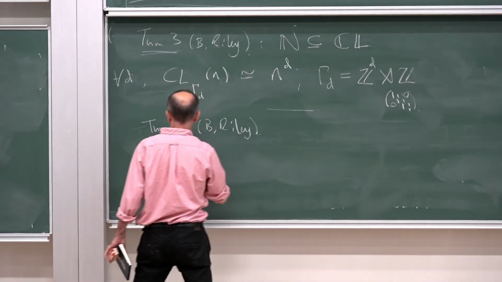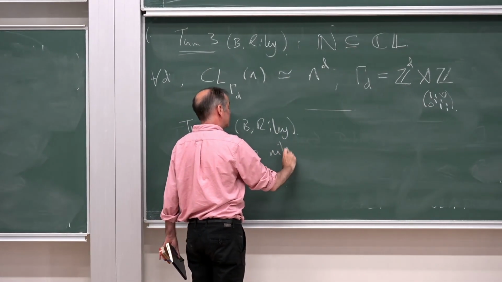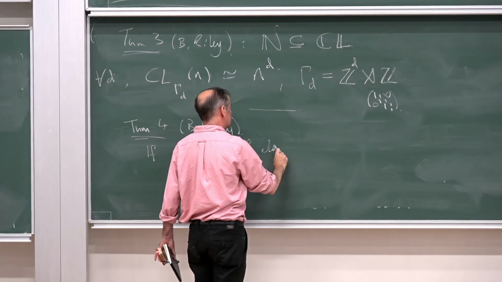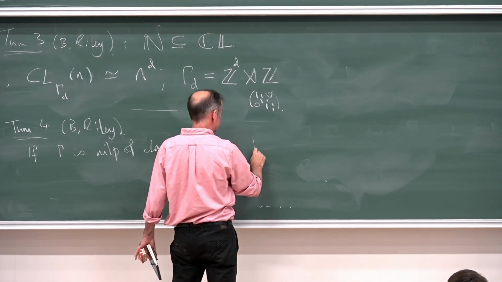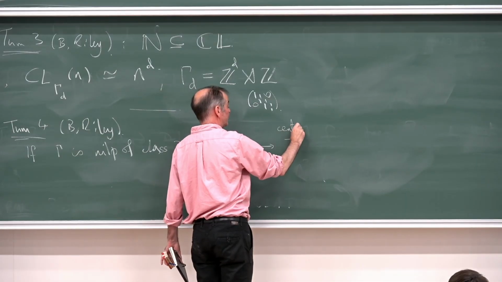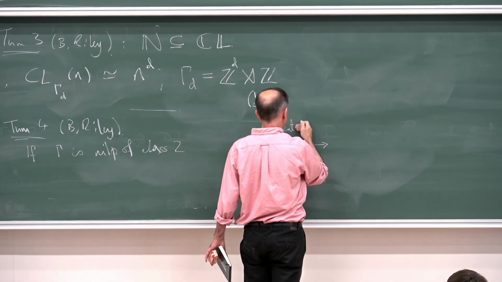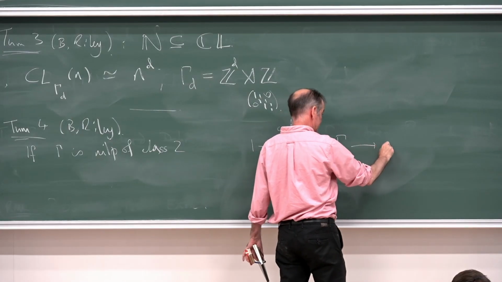So, say if gamma is nilpotent with class 2, now I actually have to say what it looks like here. So it's got some center, so it's a central extension. I should say that's central, it might not be the whole center. And this is abelian.